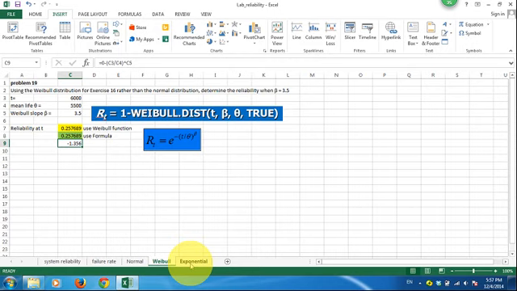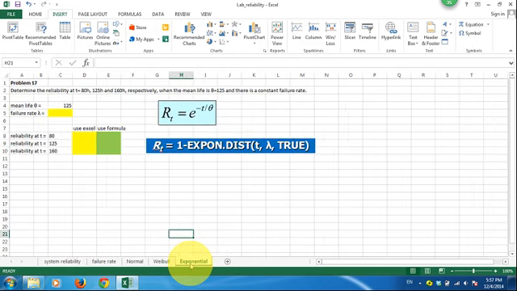Next we're going to talk about the exponential distribution. We use problem 17 as the example. Determine the reliability at t equals 80 hours, 125 hours, and 160 hours respectively, when the mean life is 125 and there is a constant failure rate.